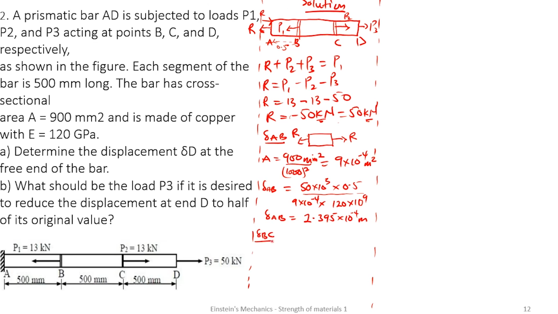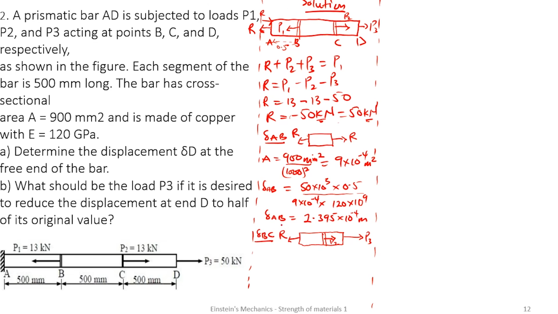Elongation in BC. When I draw a free body diagram for BC, I'm getting something like this. I'm cutting BC. I have this force P2 there, and I have this force P3 also there, and this is going to oppose P2, the reaction.